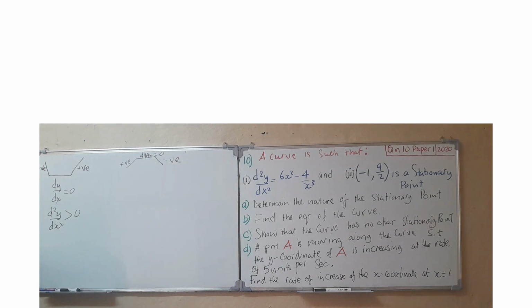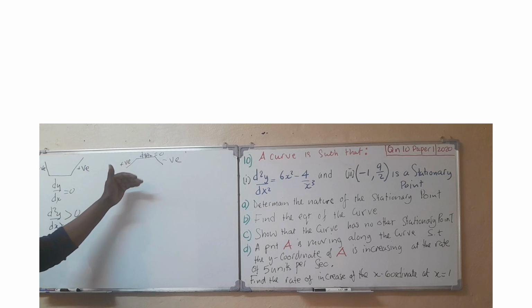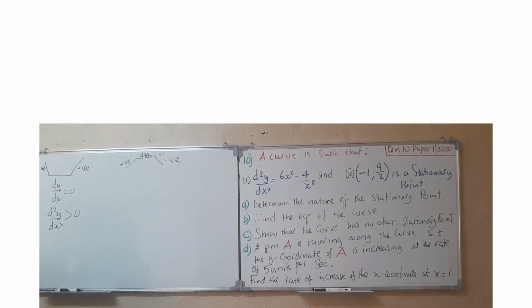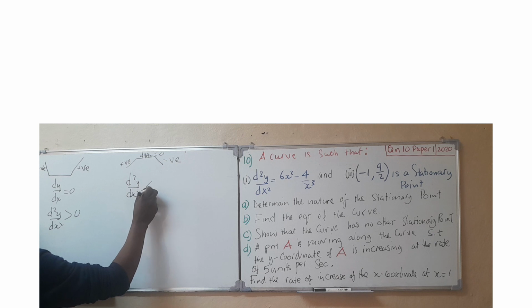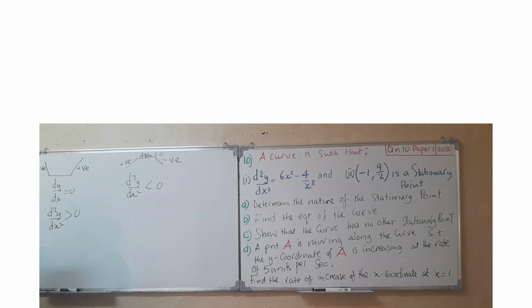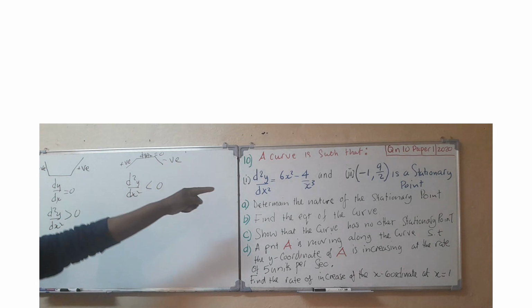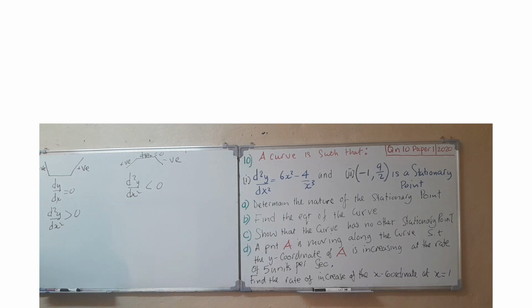So slope again is dy/dx, and dy/dx is decreasing: positive, 0, negative. So if dy/dx is decreasing, that means d²y/dx² is less than 0.